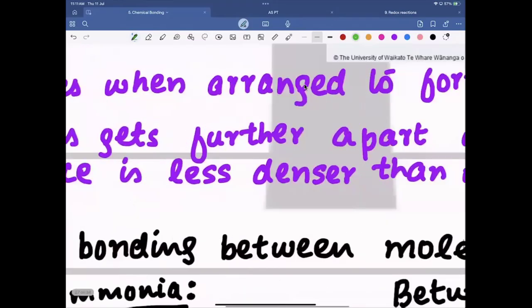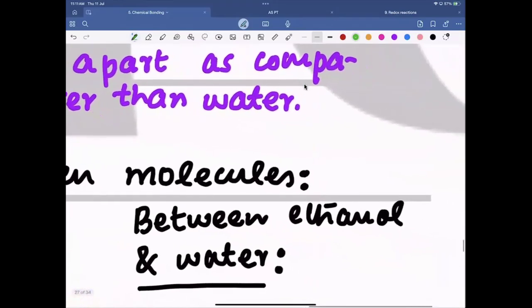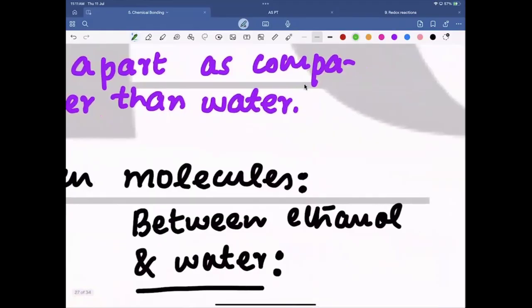Okay, sir. If I ask you to draw the water molecule, show the hydrogen bond between ethanol and water molecule. Okay. Ethanol, okay, or you can make it methanol. Methanol is CH3OH.